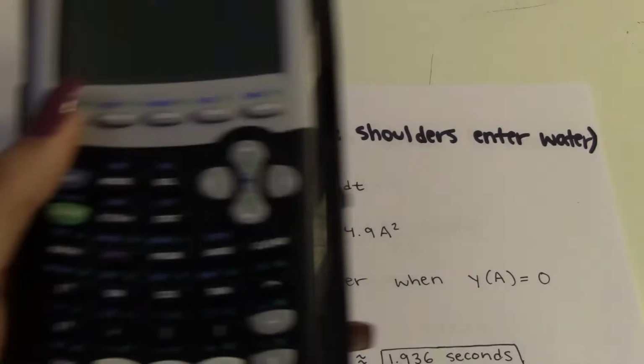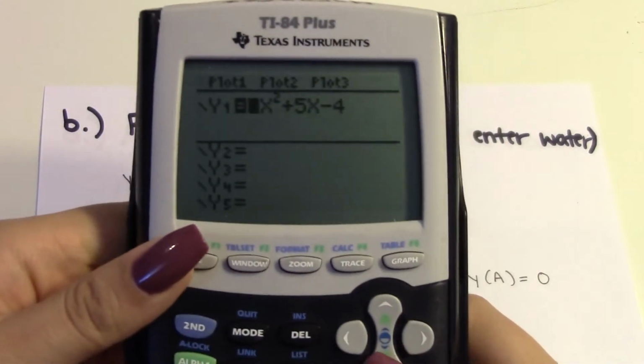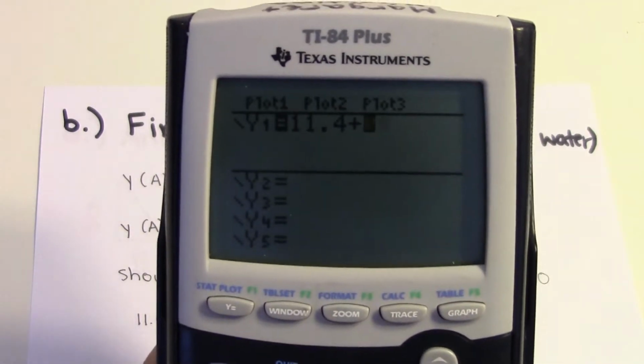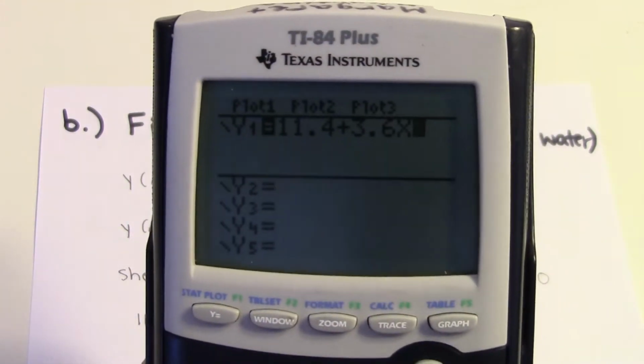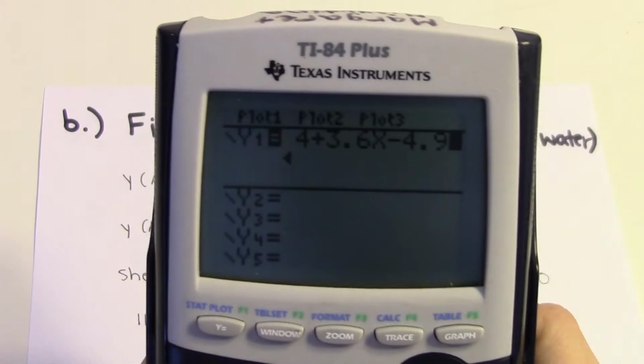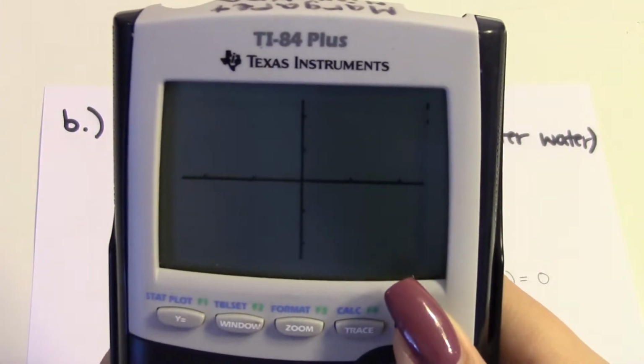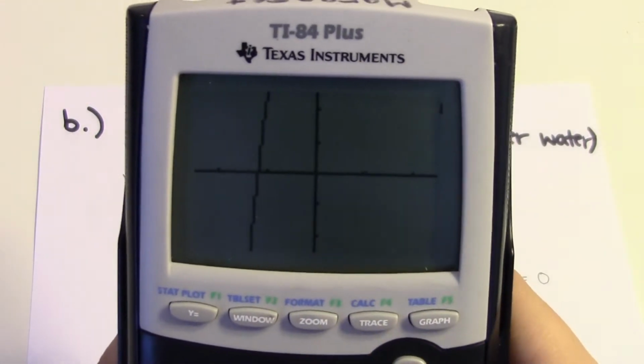So for this, we're going to go to y equals, and we're going to plug in 11.4 plus 3.6x minus 4.9x squared. And we're going to graph that. Okay, we have that.